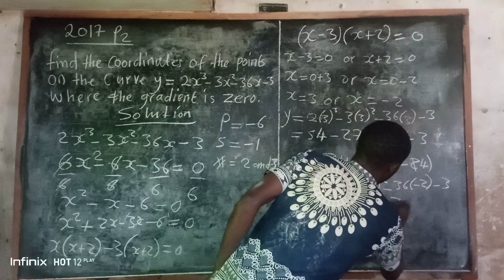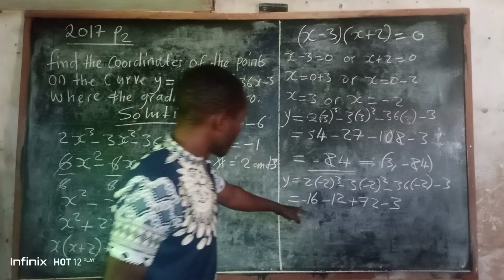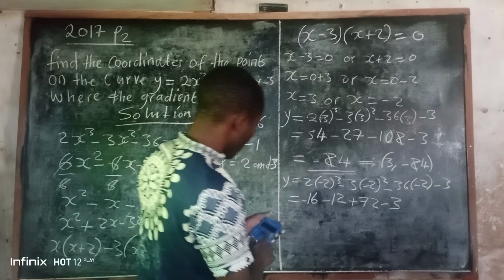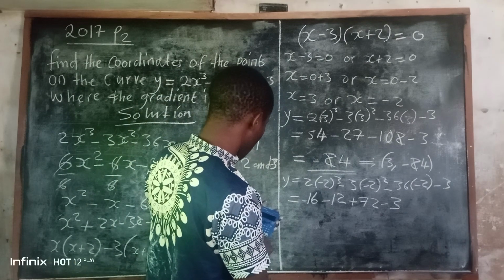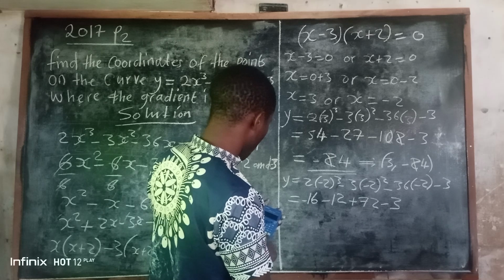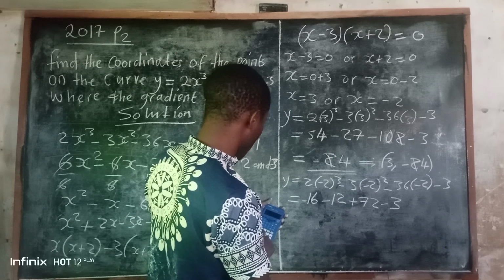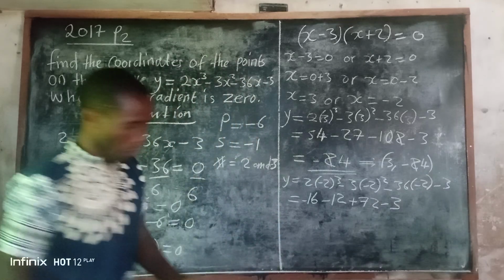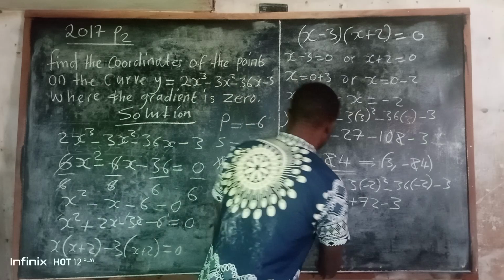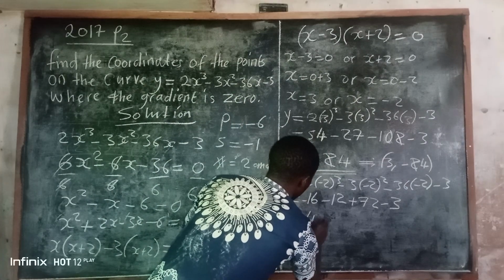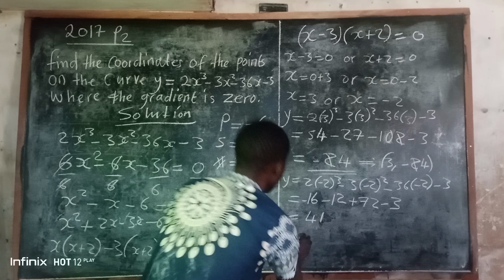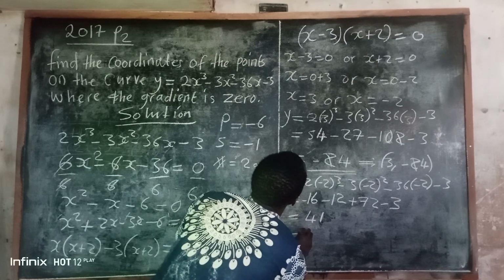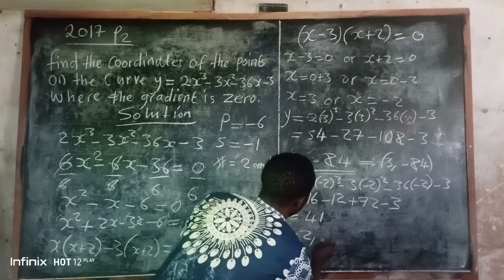Then minus 3. Okay? So when we simplify, negative 16 minus 12, then plus 72, then minus 3. The answer is 41. So when x is negative 2, then y is 41.